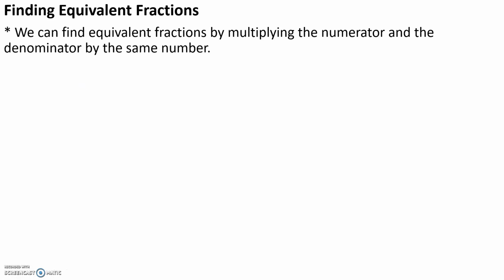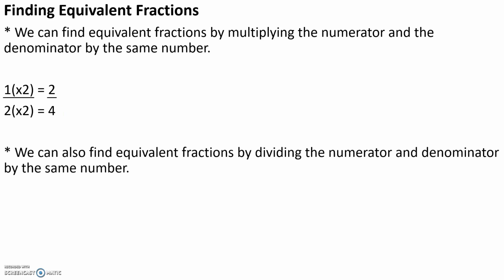For example, see, 1 into 2 upon 2 into 2. See here, 1 upon 2, I multiplied this numerator and denominator by 2. So I got the answer as 2 upon 4. So this 2 upon 4 and this 1 upon 2 are equivalent fractions, means equal fractions.